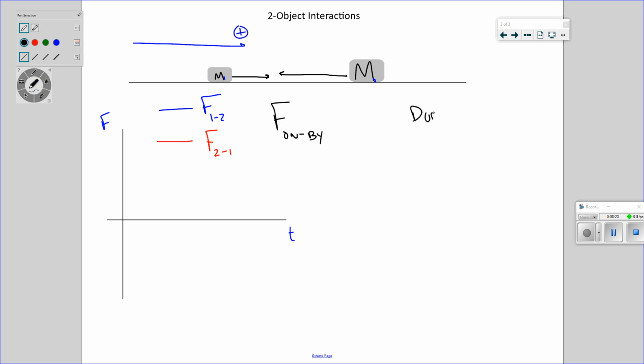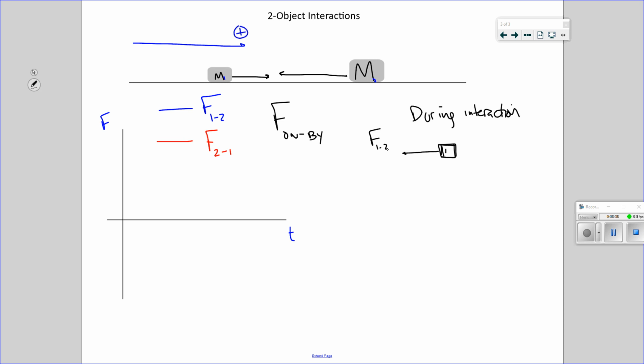This is during interaction. We can look at a free body diagram for mass 1, and there's going to be a force like this on 1 by 2. There's going to be a force like this on 2 by 1.